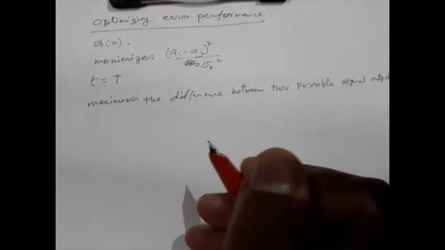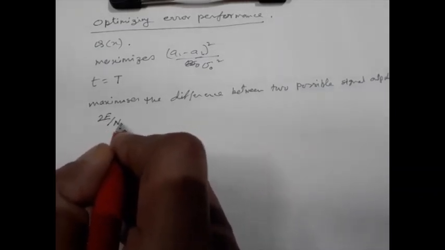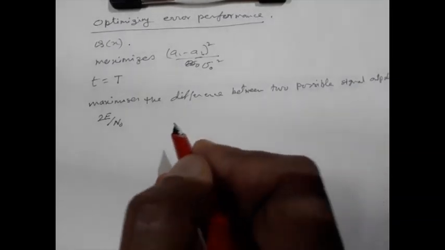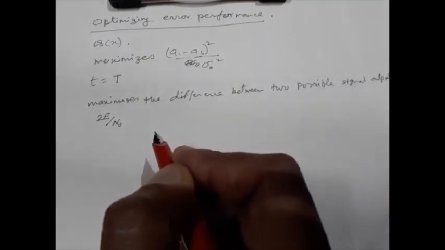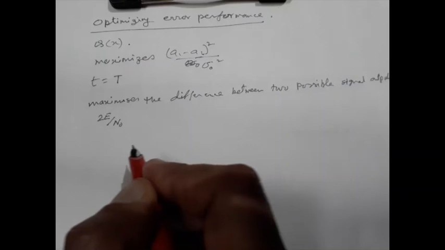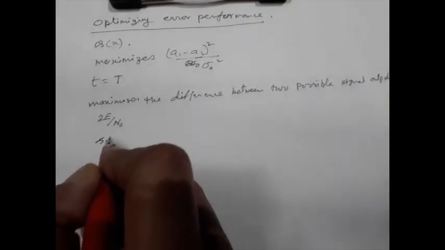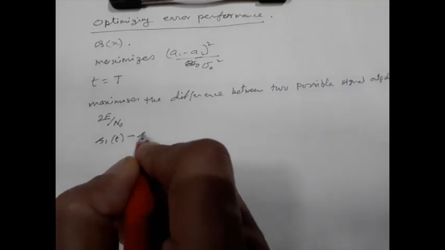A matched filter achieves a maximum possible output SNR equal to 2E by N0, where E is the energy of the input signal. Consider that the filter is matched to the input difference signal, and the difference signal means the difference between S1 and S2.